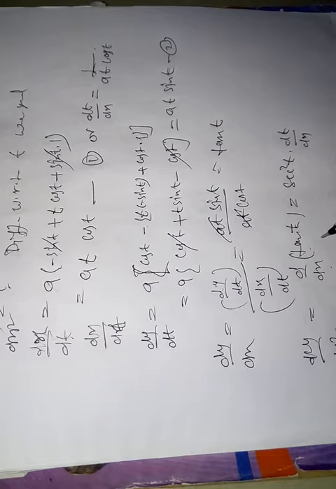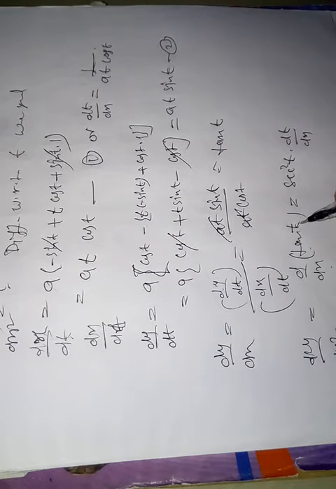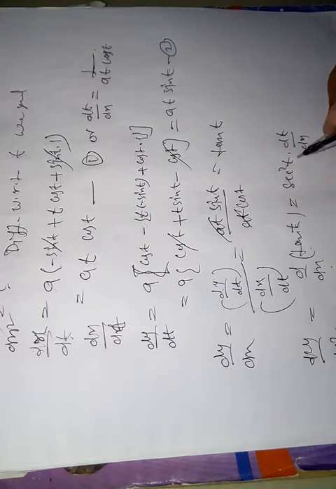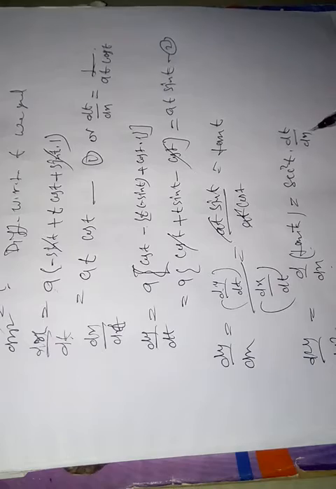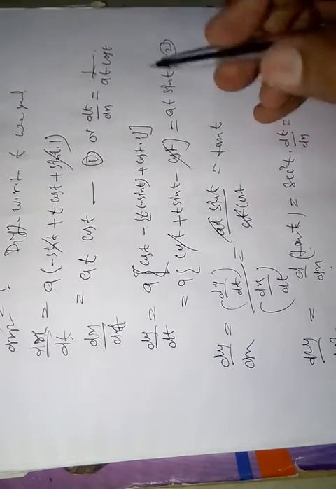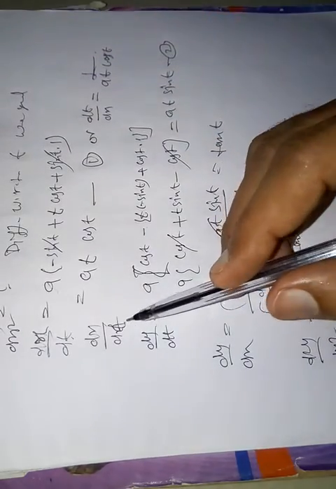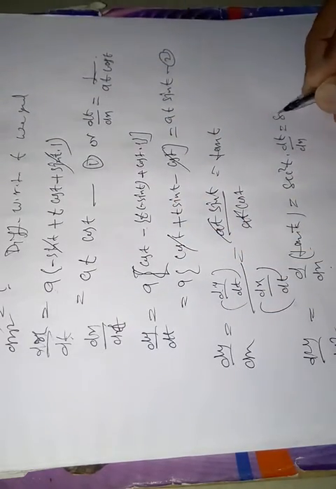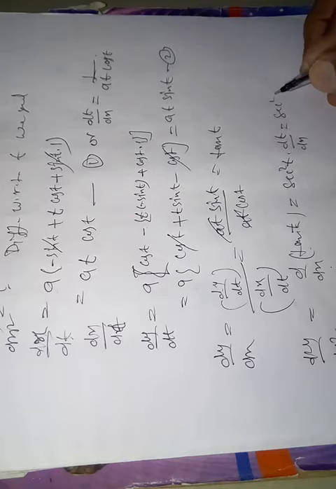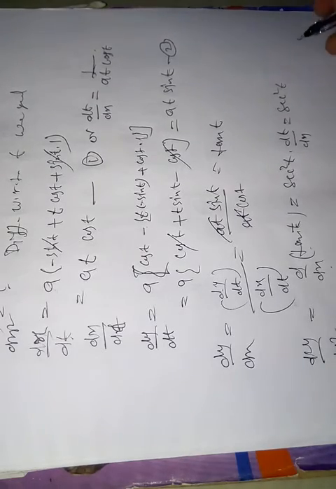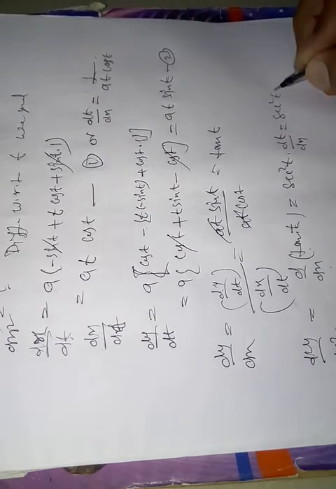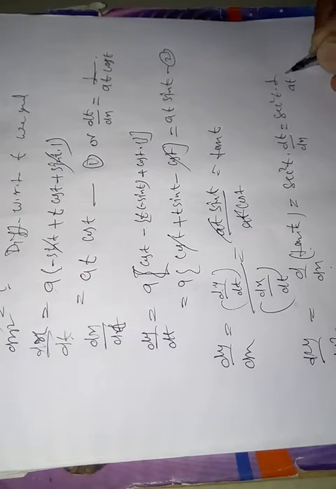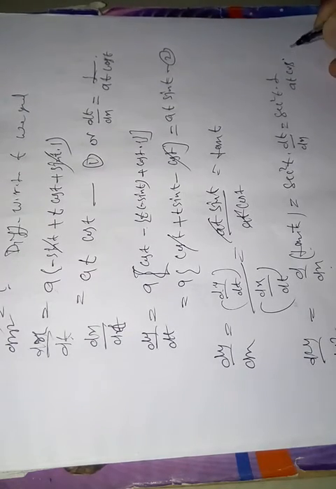From equation 1, dt/dx is the reciprocal, 1 upon a t cos t.